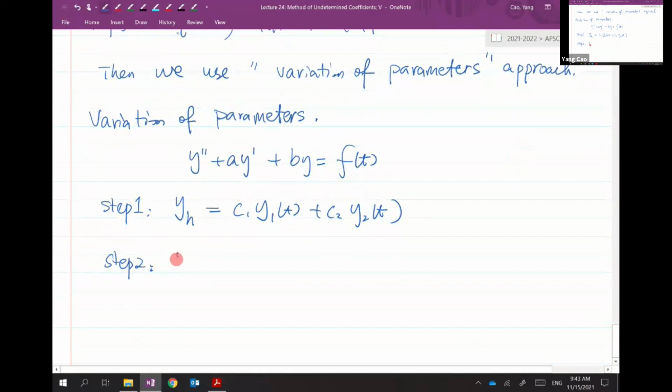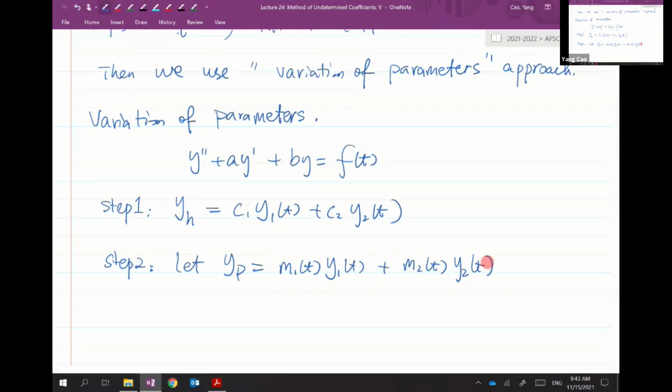What we're going to do is we'll start by letting yp equal to m1 of t times y1 of t plus m2 of t times y2 of t. This is, again, something you might wonder why, right? But you'll see how it actually works.